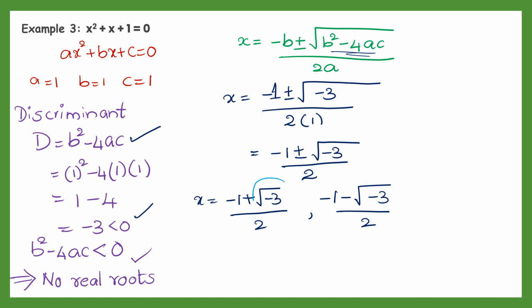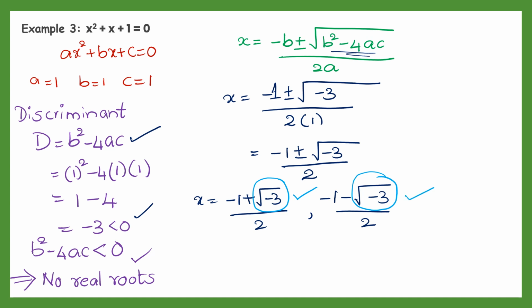Observe this root of minus 3. Square root of minus 3. Is it a real number? No, it is not a real number. Here also, root of minus 3 is not a real number. So minus 1 plus root of minus 3 by 2 will also not be a real number.